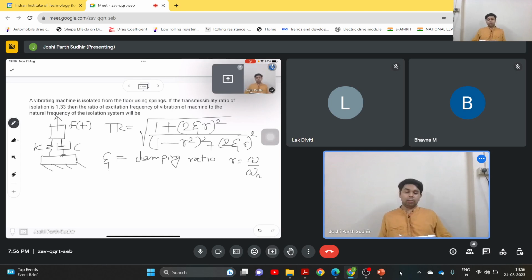So that is what we need to find out. We have been given that this transmissibility ratio is 1.33, or nearly 4 by 3.